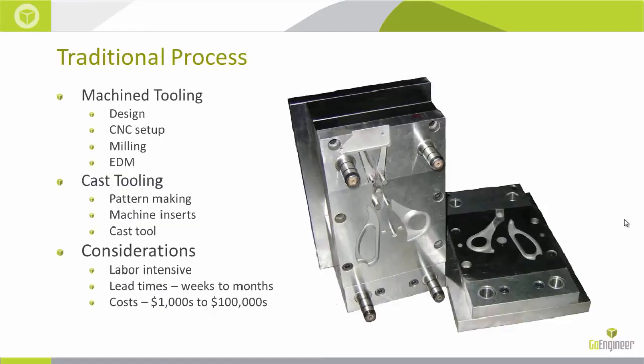So going back to the traditional process, we talked about this process being lengthy and expensive, and it's really something that you can't avoid. Okay, so typically the tooling is machined. It's machined out of steel, or in the case of soft tooling, it'd be machined out of aluminum. There's a lot of steps in the process, and there's a lot of hands in the process of machining.